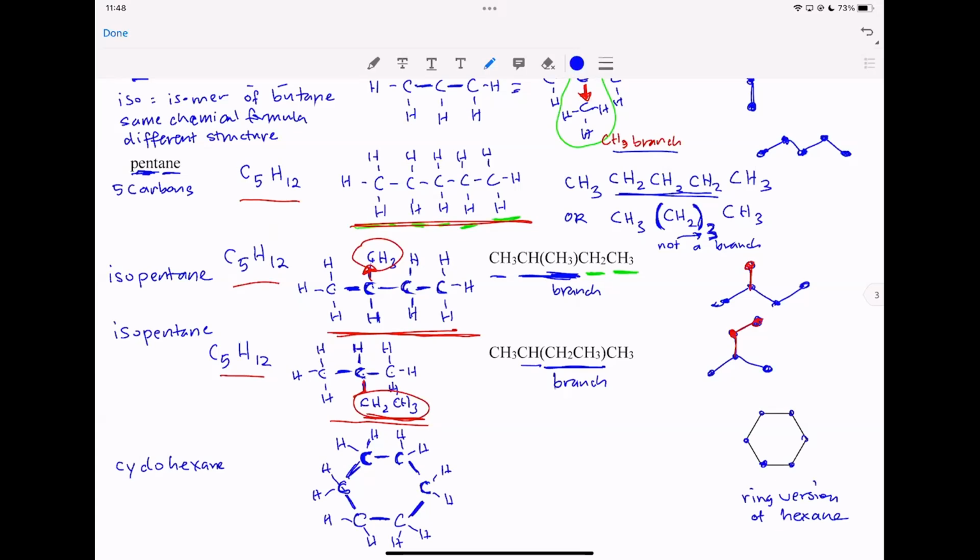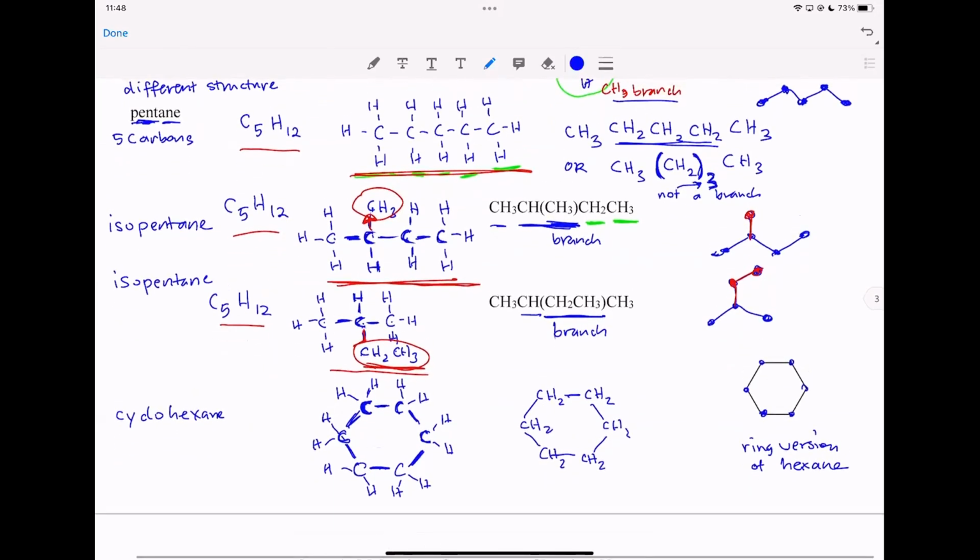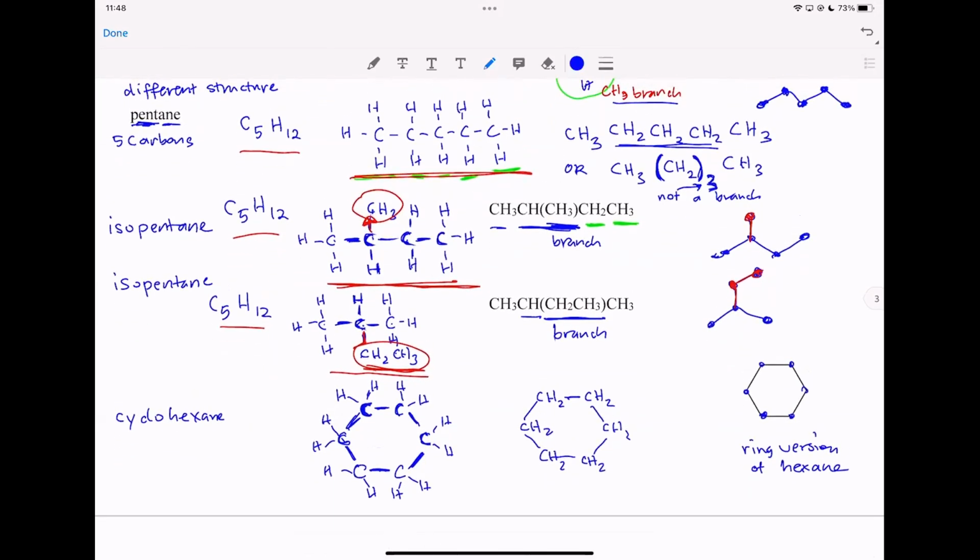Okay, and so that is the full structure. The condensed structural formula is a CH2 group that's at every vertex in this hexagon. And this is called the cyclohexane when you have connected this together.